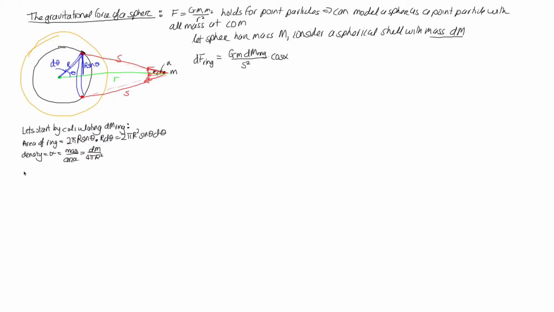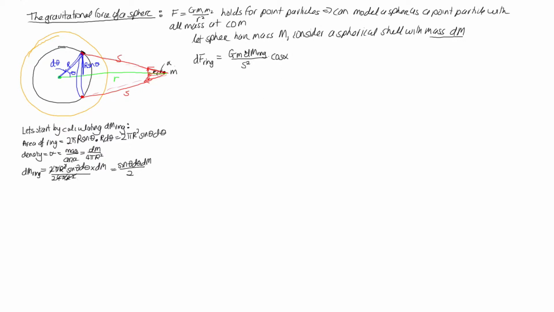So we can now get dm ring as the density times the area, so that's 2 pi R squared sine theta d theta times dm, and we're dividing by 4 pi R squared. So these R squareds cancel, the pi's cancel, one of these 2's cancels, and we end up with this is equal to sine theta d theta times dm over 2.